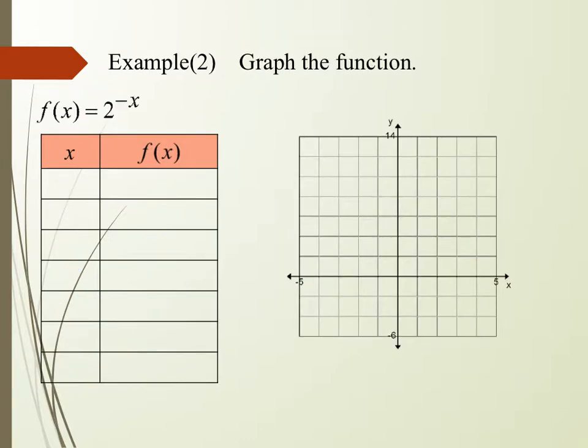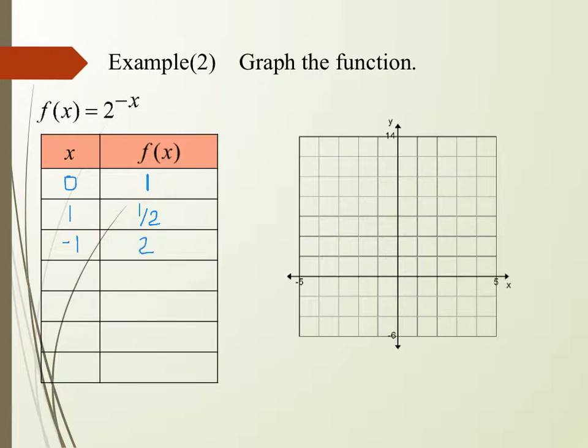Now we're going to graph f of x is equal to 2 to the minus x. So now we see that if x is 0, we still have f of x is at 1. When x is 1, now we have 2 raised to the negative 1 power, which is now 1/2. When x is negative 1, we have 2.